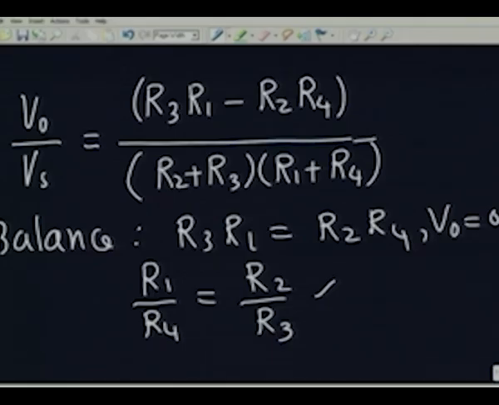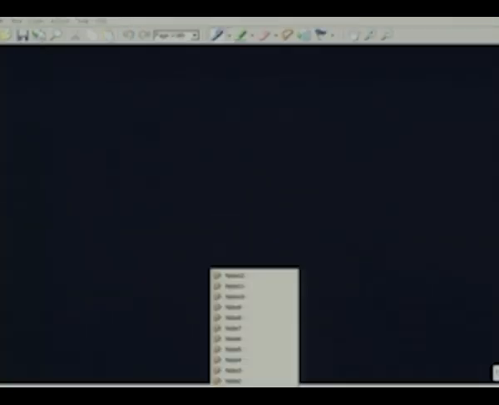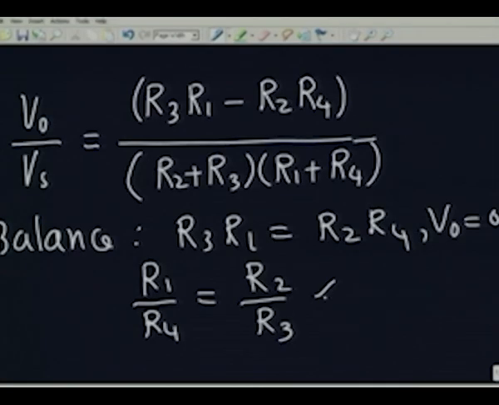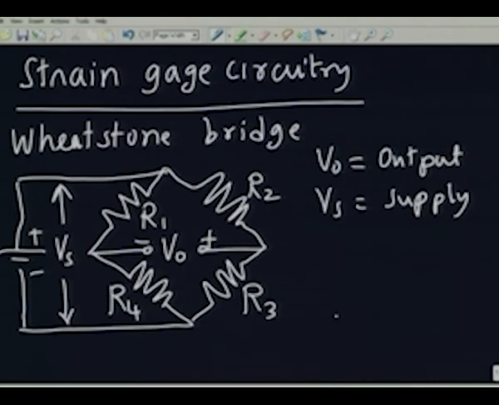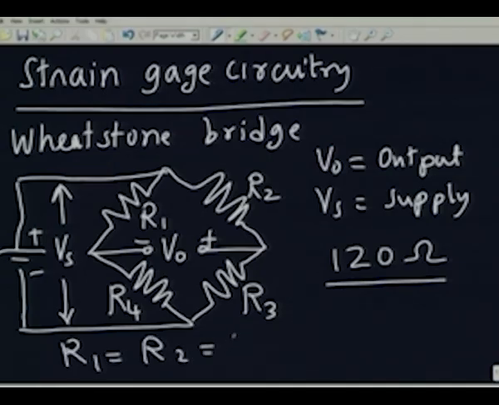Now, suppose we have a gauge with 120 ohms value for the resistance. Suppose I choose R1 equal to R2 equal to R3 equal to R4 equal to 120 ohms.